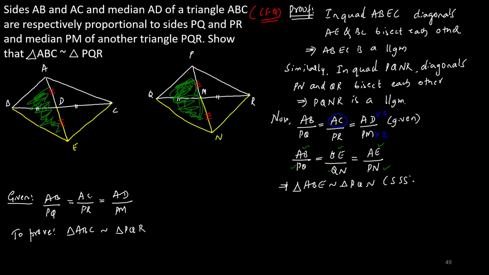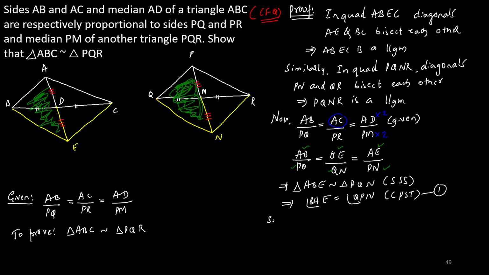Now I can say this is by SSS. Therefore, I can say that angle BAE is equal to angle QPN. This is by CPST. I'll call this equation 1.